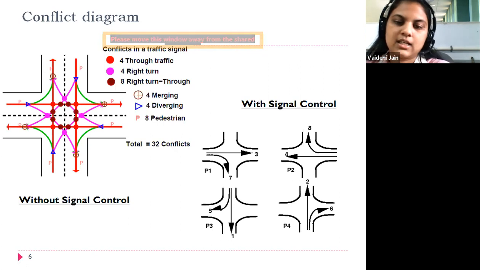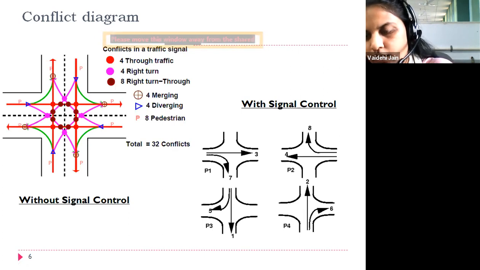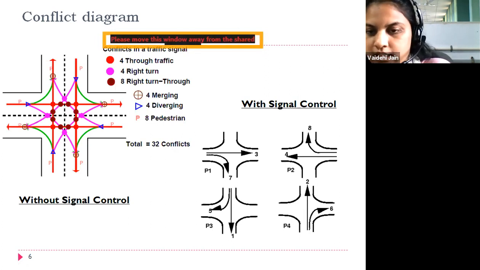So there is much more comfort in the traffic flow and the conflicts are reduced. This is a very early invention in ITS, but it is very effective and right now we are using it.